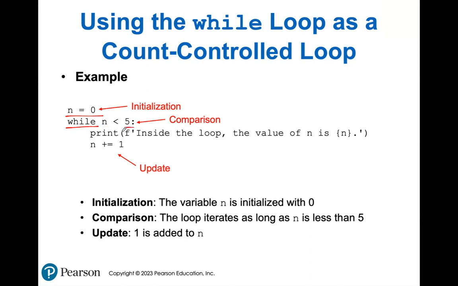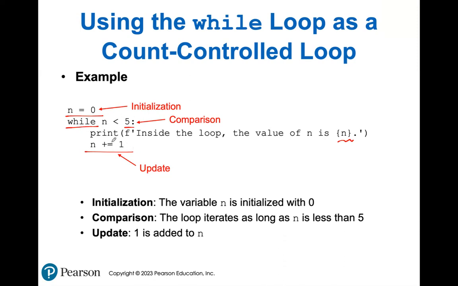So as long as n is less than 5, our loop will keep running. And then we're going to just print inside the loop the value of n is and whatever that value is. After that, we are updating our value at the very end. We are just adding 1 to n each time our loop iterates. We're adding +1 to n.